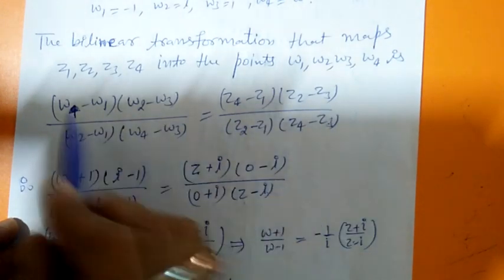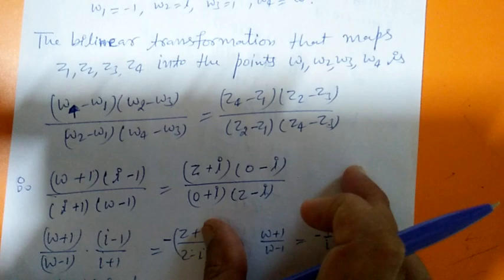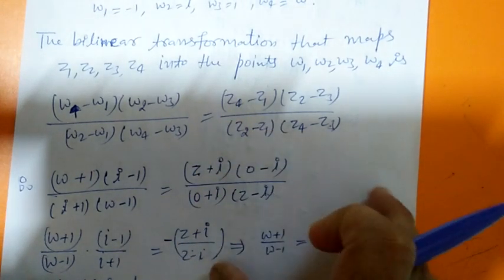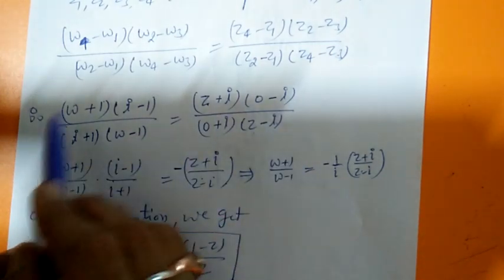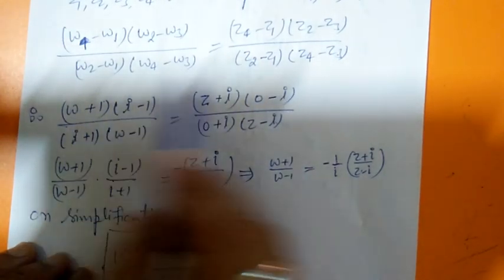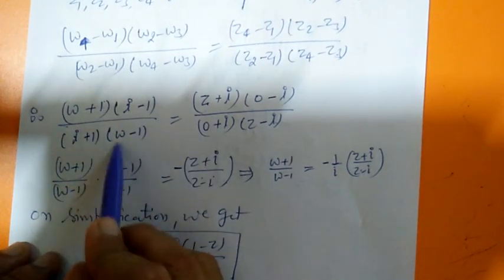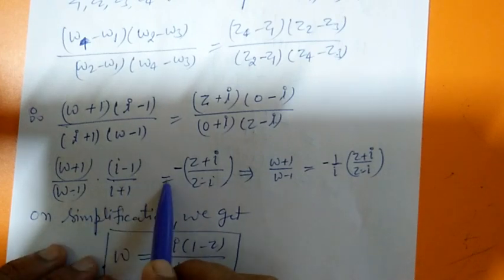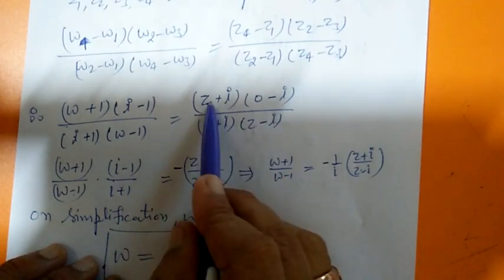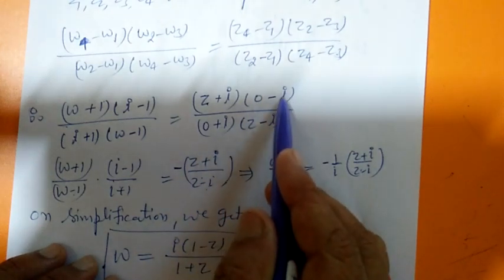So here substitute the values of wi's, i varies from 1 to 4, as well as zi's, i varies from 1 to 4. After putting the values, we obtain this expression. And after simplification, (w + 1) upon (w - 1) times (i - 1) upon (i + 1) is equal to -(z + i) upon (z - 1), because this i cancels with this i.